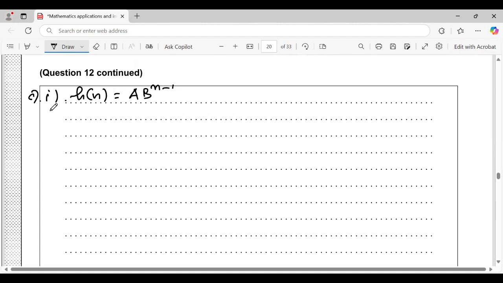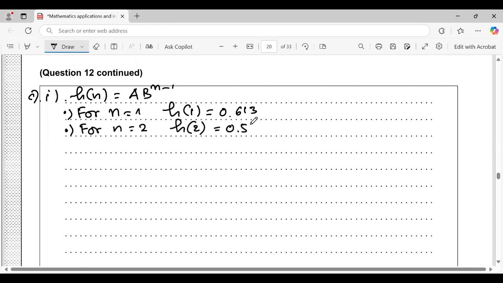So from the table, for n equals 1, h1 equals 0.613. And for n equals 2, h2 equals 0.514.